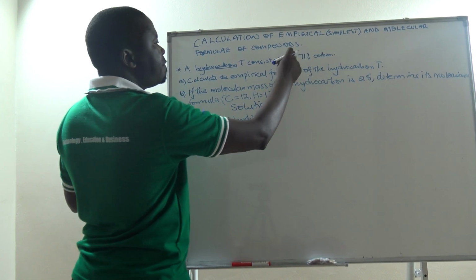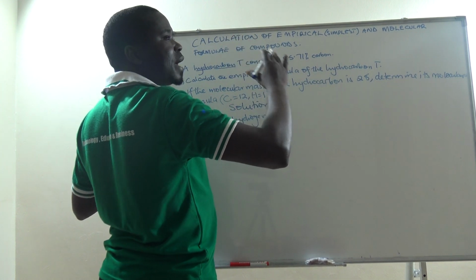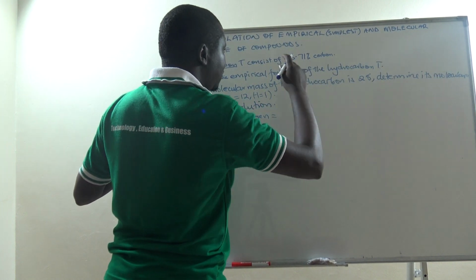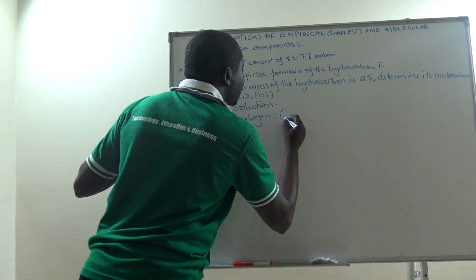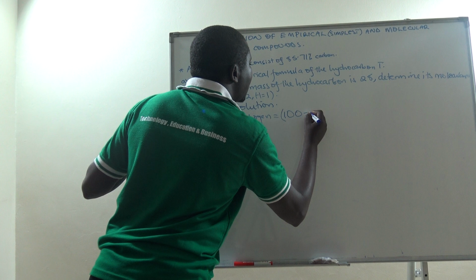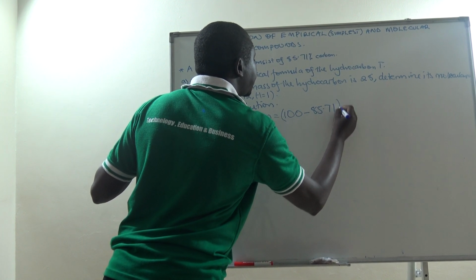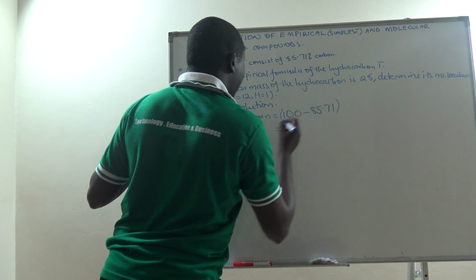If 85.71% is for carbon, it means that the rest that makes up to 100% is for hydrogen. So we shall have to subtract the 85.71 from 100.